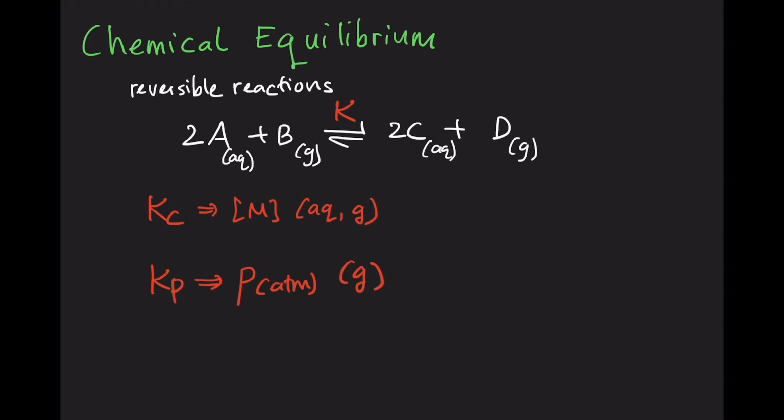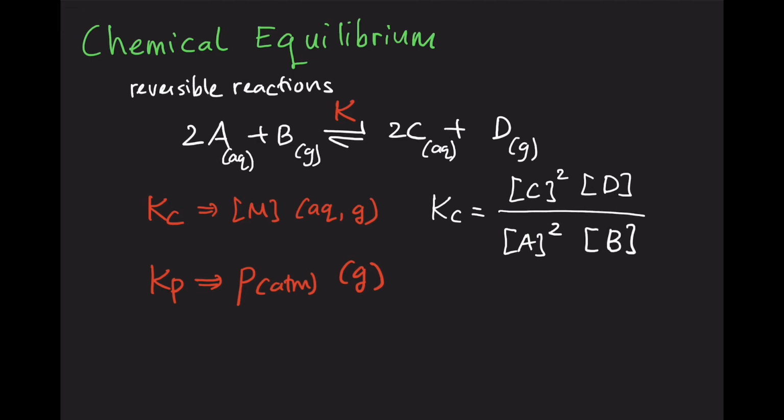So Kc is the product of the concentration of each of the products, power to the coefficient. So here the coefficient plays a very important role. Make sure you have a balanced reaction before you start writing the mathematical expression. And then divided by the reactants, also power to their coefficients. So 2 for A, and for B it's 1.